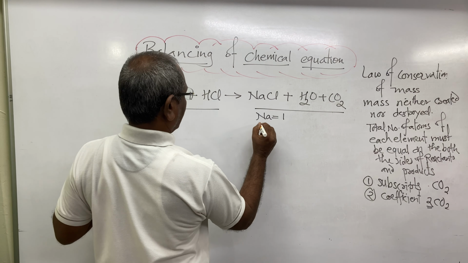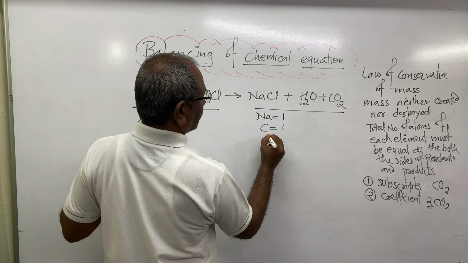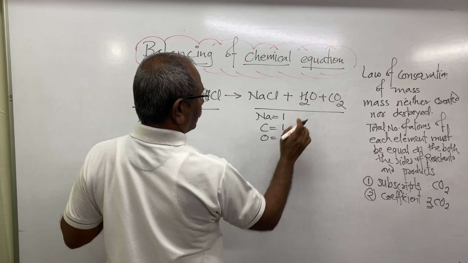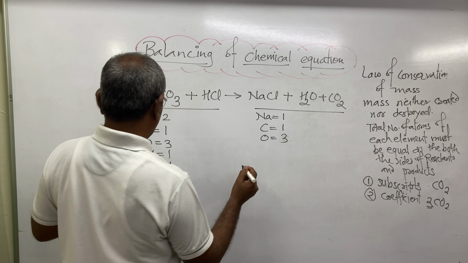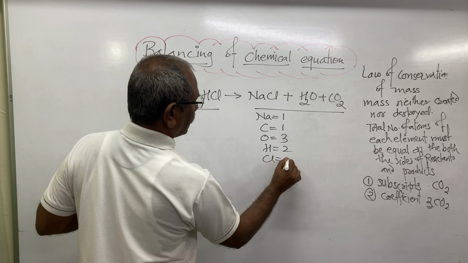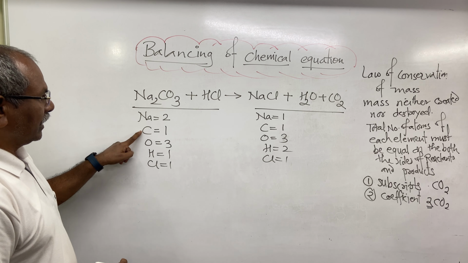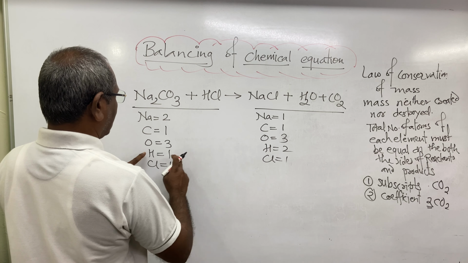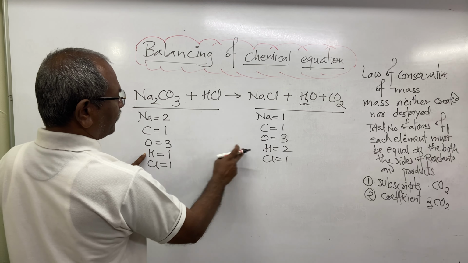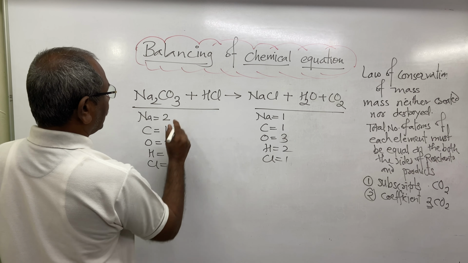Here Na1, carbon 1, then oxygen 2 plus 1, 3, hydrogen 2, Cl1. So here carbon 1, oxygen 3, hydrogen on the reactant side 1 and on the product side there are 2. So first of all you balance the hydrogen.